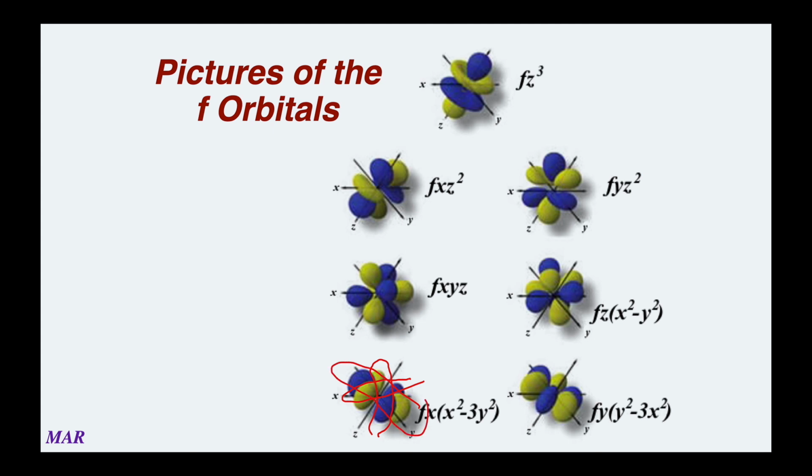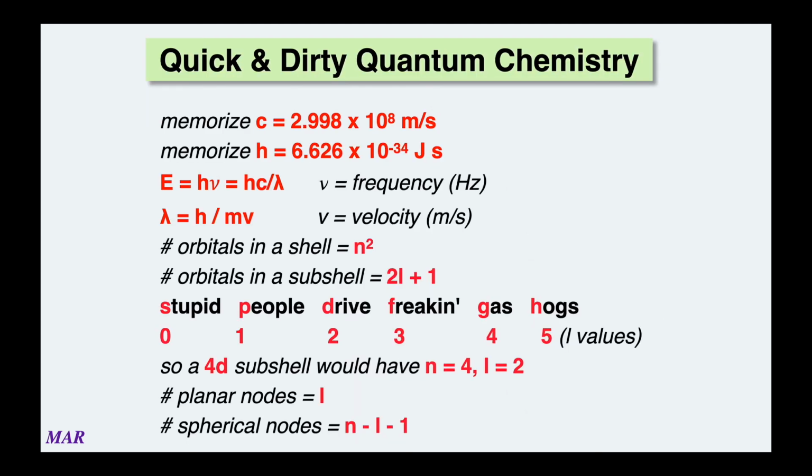They more or less look like 3 p orbitals squished together. Some of them have the donuts and stuff. There's some really cool chemistry going on, but again, we're not going to focus so much on the orbitals, but it is kind of fun to see what they look like. And if you have to make a guess, 3 of those p orbitals squished together would be a good thing. Now, L equals 3 for these. They're all going to have 3 planar nodes too, which is kind of neat.